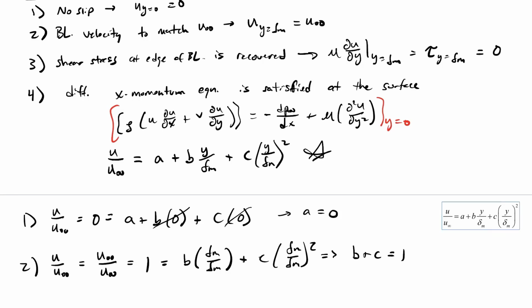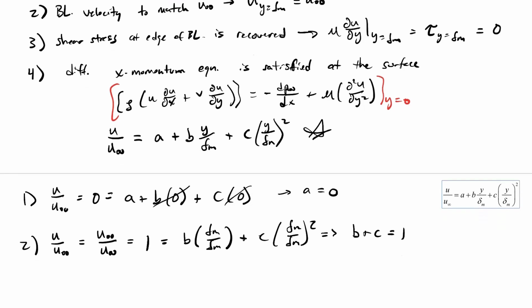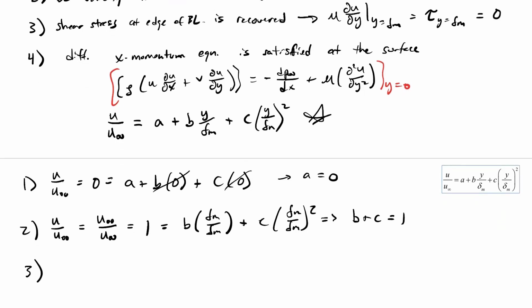We can't actually resolve that one fully because we have b and c, but we could continue to enforce things here. So for number 3, what are we trying to do? We're trying to say shear stress: mu times the derivative of u with respect to y is equal to tau at y equals delta m.